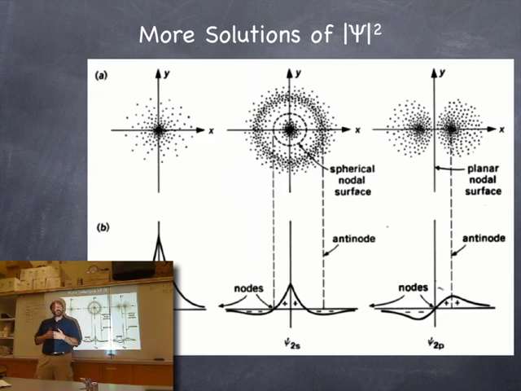Positive and negative simply describe the phase information here, whether it's up or down. Negative is still probability density. The electron is still going to be there. It's just a mathematical way that we can represent that this amplitude is positive versus negative, but both positive and negative represent probability, the likelihood of finding the electron.